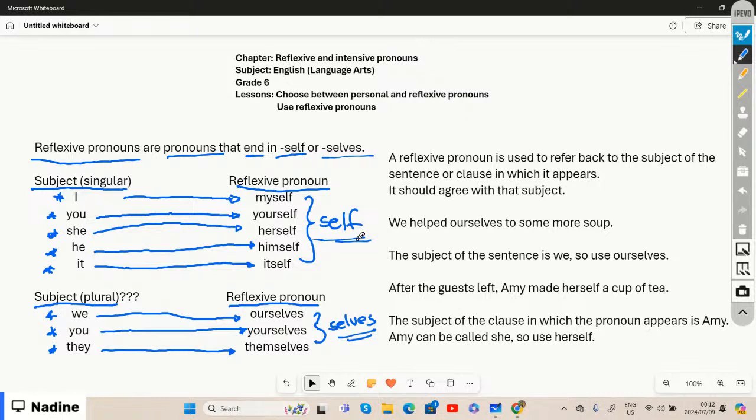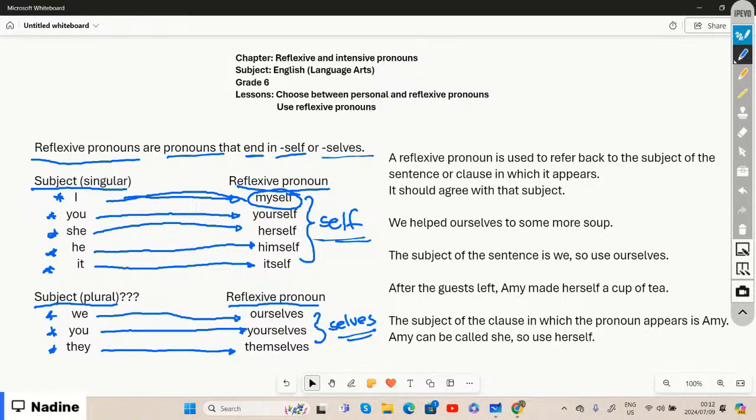Also, when it comes to a reflexive pronoun, a reflexive pronoun is used to refer back to the subject of the sentence or clause in which it appears. Like we said, if myself is the reflexive pronoun, then it needs to refer back to I. If the reflexive pronoun is yourself, then it needs to refer back to you.